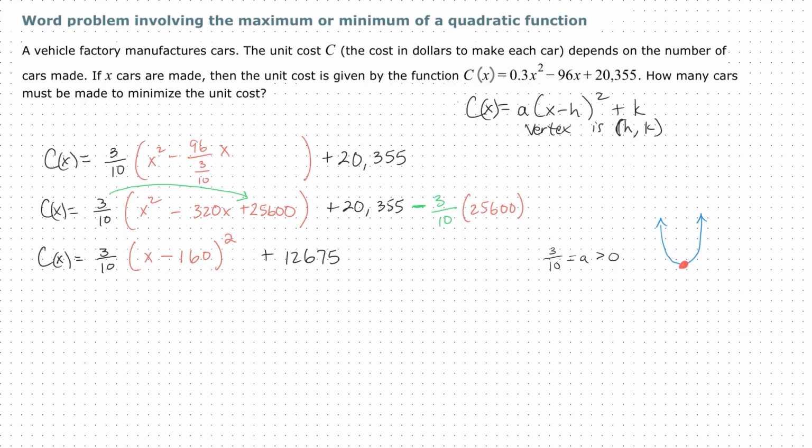Now we know x is the number of cars. And so if you read the vertex, it tells you all kinds of information. The vertex is 160 cars, and the minimum cost is actually $12,675.